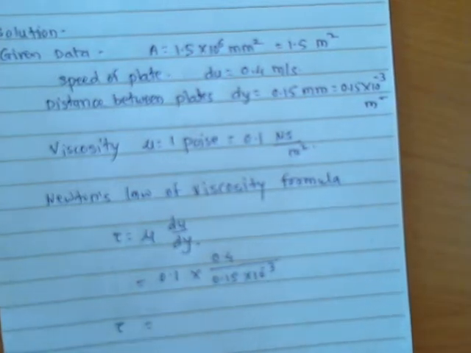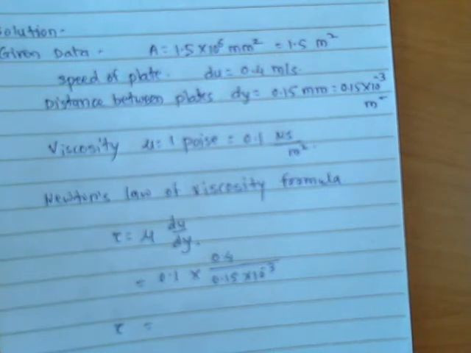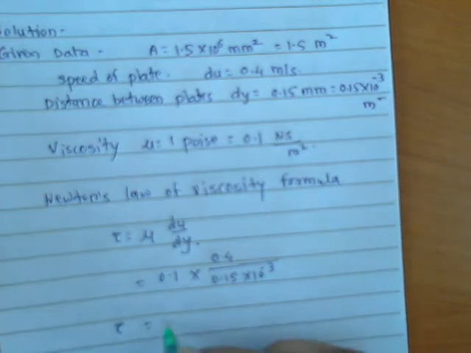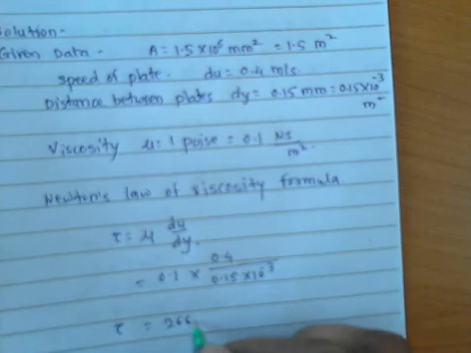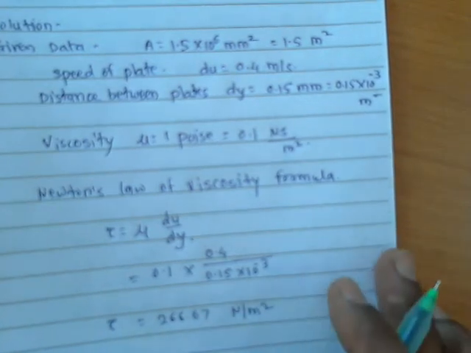If we solve this, tau is equal to 0.1 into 0.4 divided by 0.15 into 10 raised to minus 3. So this is 266.67 Newton per meter square.